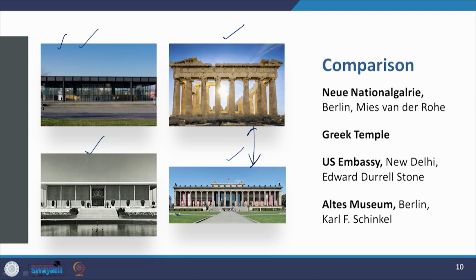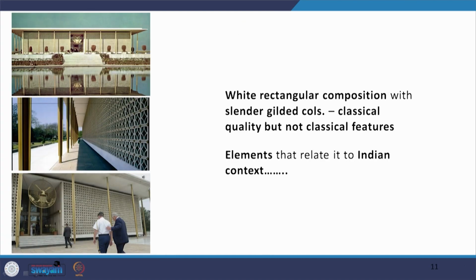Whereas in the US Embassy we find a similar concept of symmetrically placed columns, but there is a projection over the entire building to completely shade the facade from the hot sun of Delhi. So this embassy was a white rectangular composition akin to the modernist white rectangular geometry, but it had these slender gilded columns.